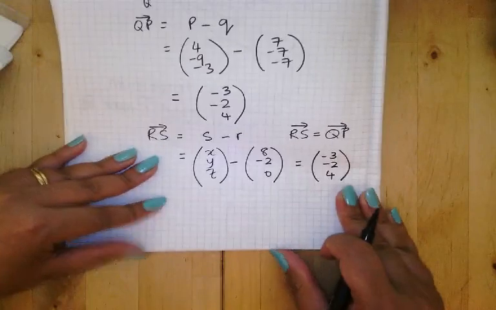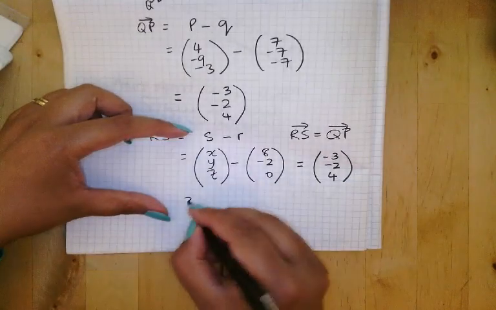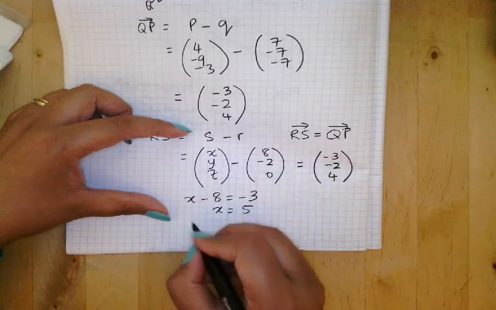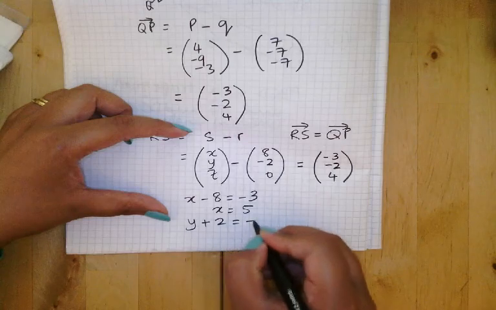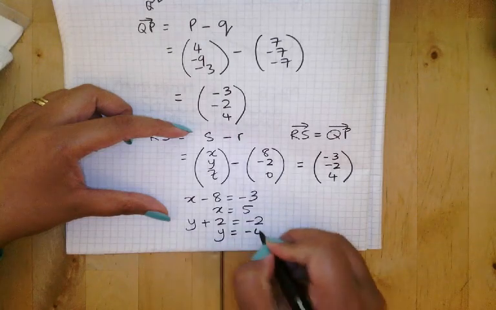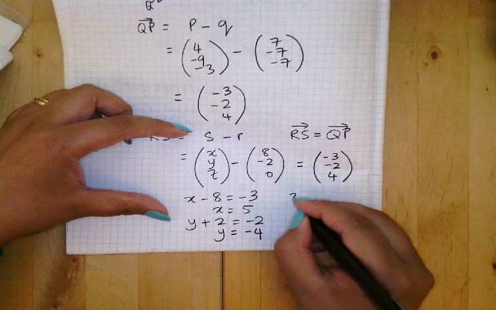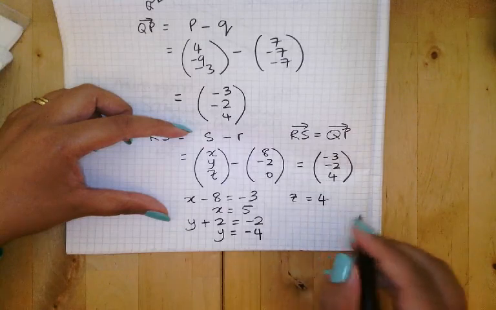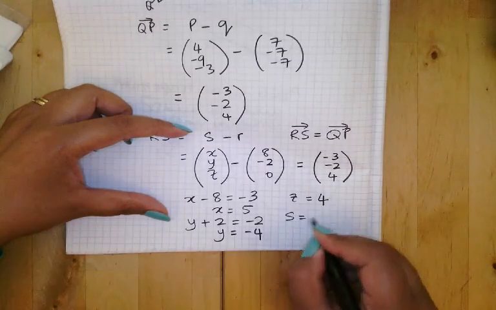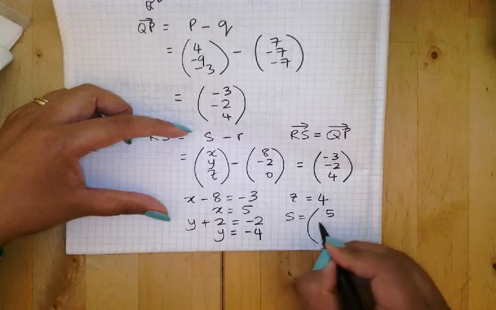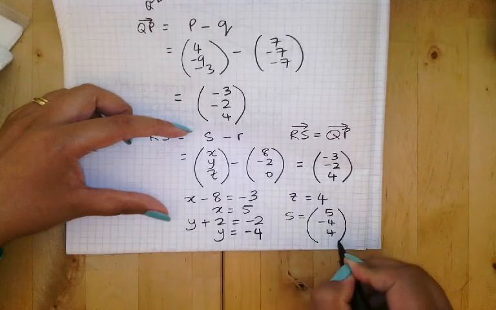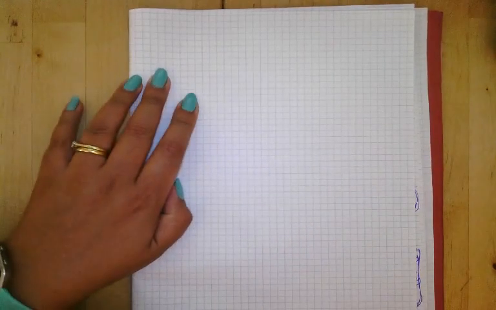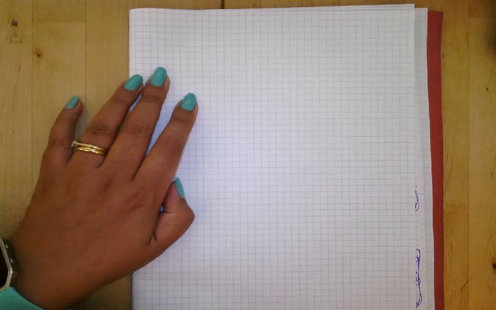Now I've got equations which I can solve. x minus 8 equals -3, so x is equal to 5, y plus 2 equals -2, so y is equal to -4, and z is equal to 4. So that means that S is (5, -4, 4). Simple as that.